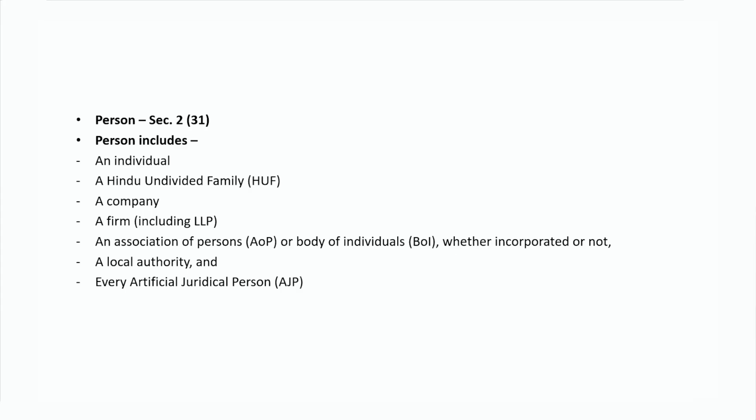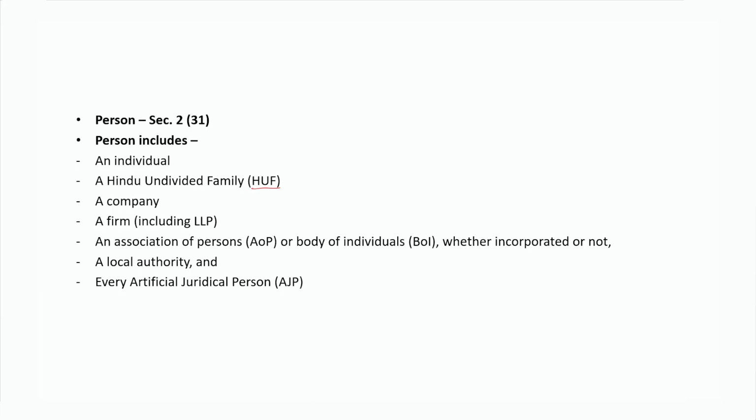Then the definition says that it will also include something known as a HUF, which is a Hindu undivided family. Then we've got a company which is incorporated under the Companies Act. Then we've got a firm, including the limited liability partnerships. So over here we are including partnerships including limited liability ones.